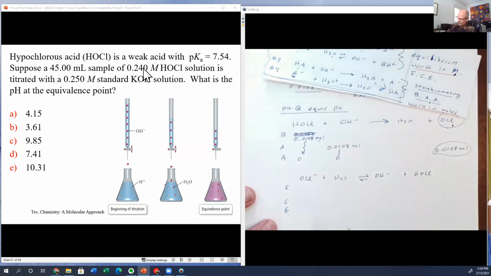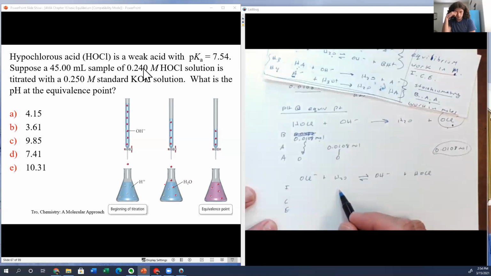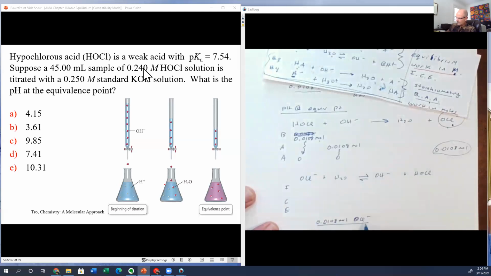Whenever you set up an ICE table, of course, you need that initial value to put in here. Now, can you work in moles in an ICE table? No, never, right? You can only work in concentration. What does that mean? You have to figure out the concentration, right? So you say, aha, I have 0.0108 moles of OCl minus, divided by the total volume. Well, what's the total volume?